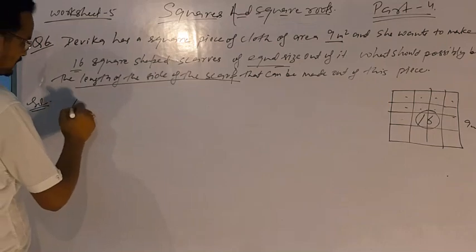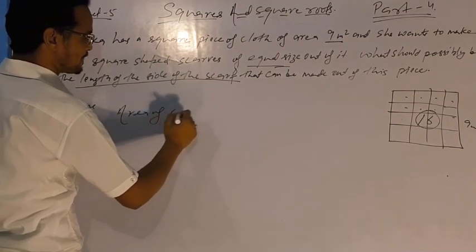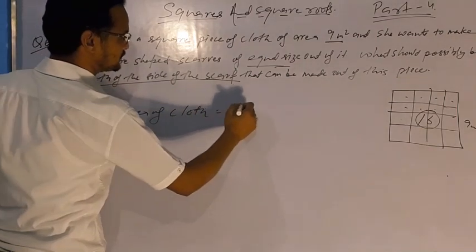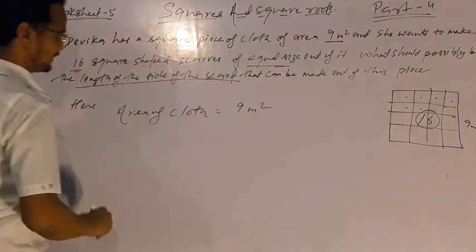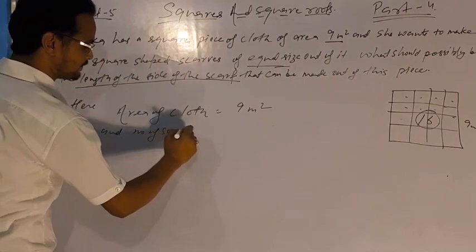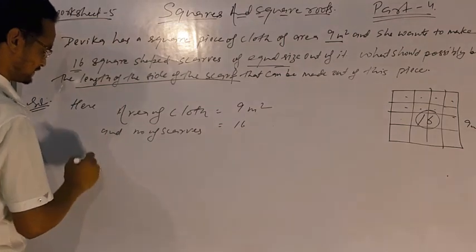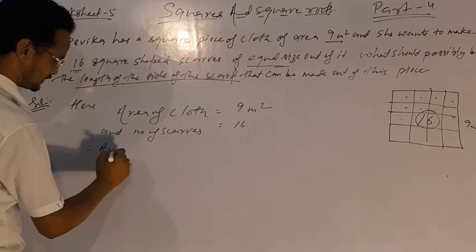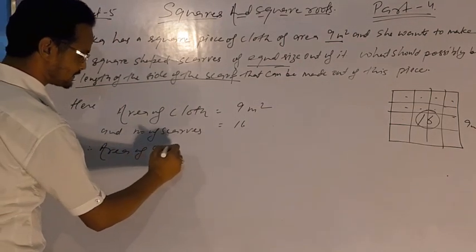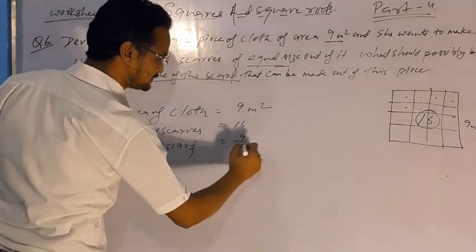Firstly, here area of cloth is equal to 9 meters square and number of scarves is equal to 16. Then we can say that therefore area of a scarf is equal to 9 by 16 meters square.